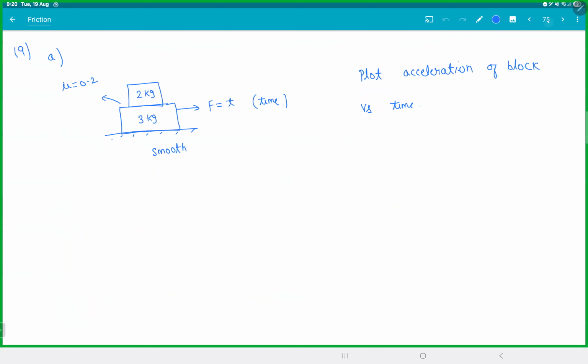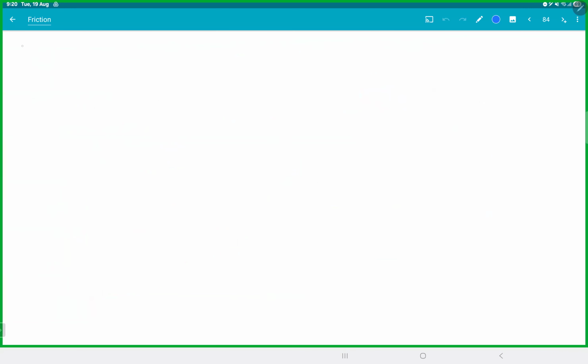Let's see another variation of this. Let's say you're applying F equal to t on the top. I'll keep the numbers same, 2 kg block, 3 kg block. Let's say this is 0.1.